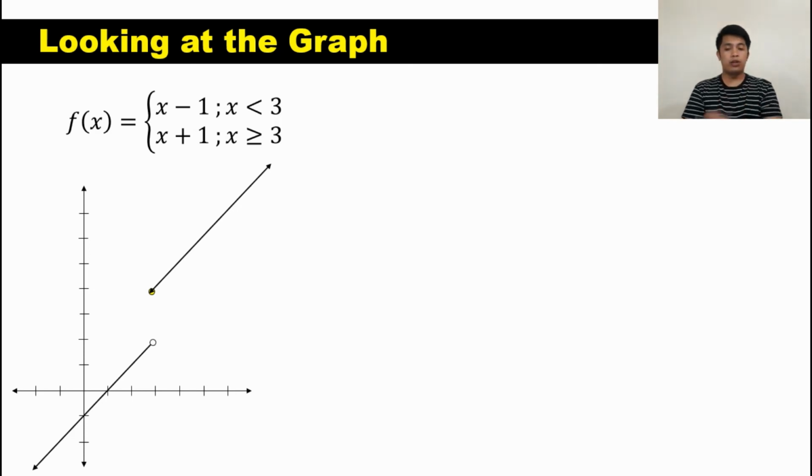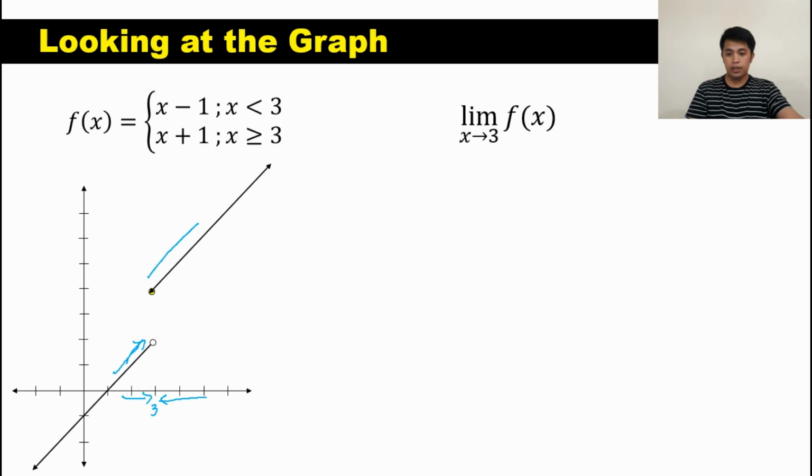Now, by simply looking at the graph of the function, klaro kaayo that as we move closer and closer to 3, for example, we are asked to solve for the limit of f of x as x approaches 3. From this direction, we are approaching this value. But if we are from this direction, we are approaching this value. So, unsa man nga value ang gi-approach nato from this side?